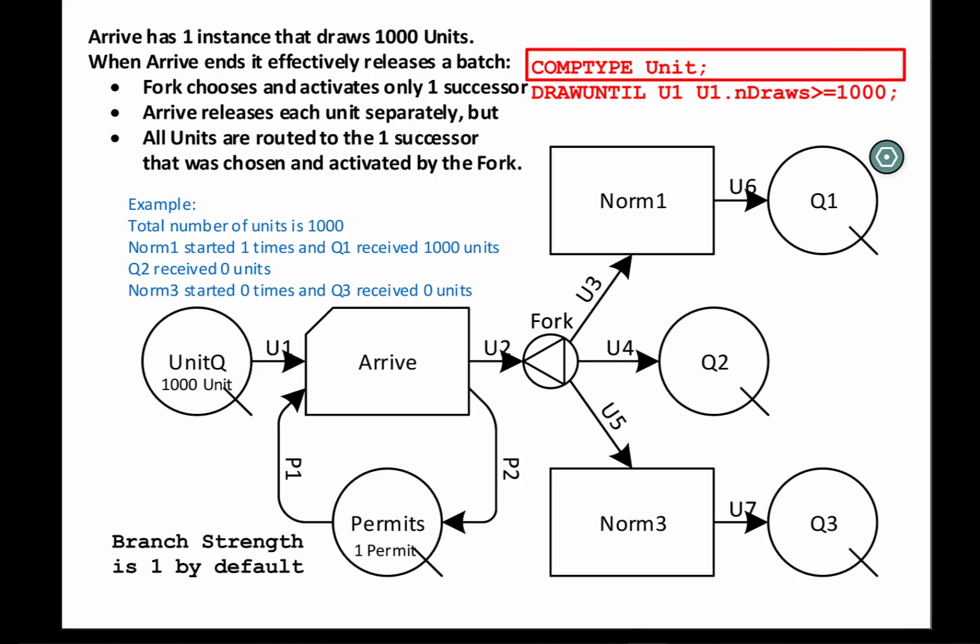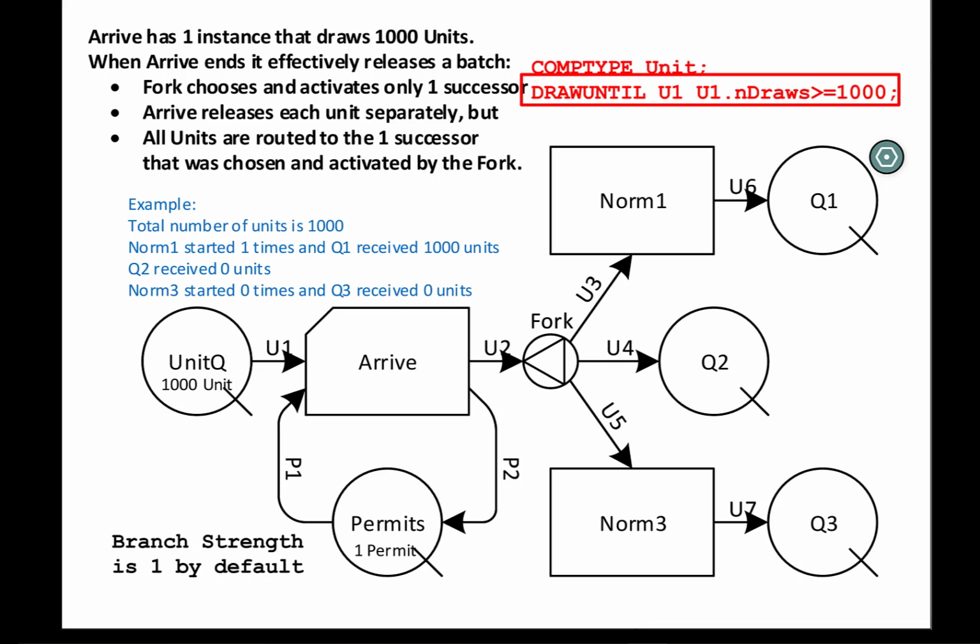This model is similar to the previous models, but uses characterized resources instead of generic resources. To make the definition of characterized resources for this model simple, we use a compound type, which is defined by the statement comp_type unit.